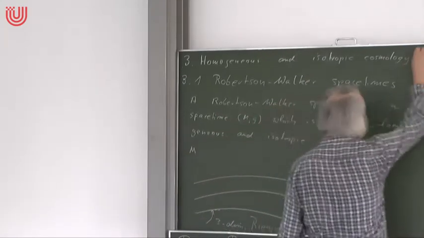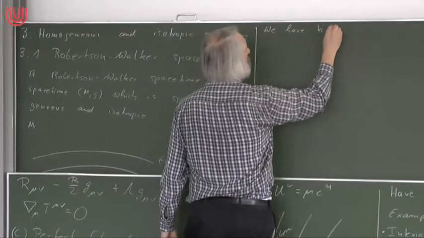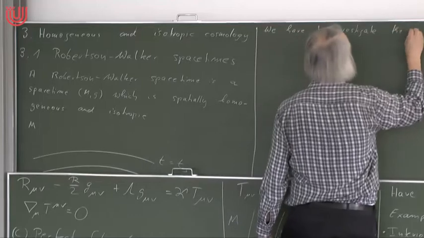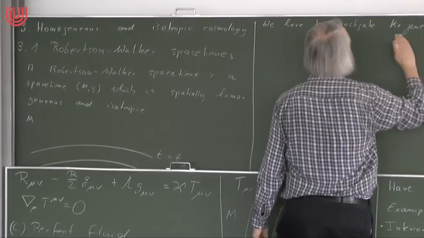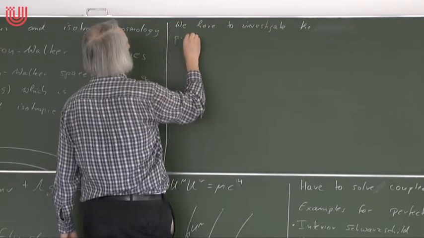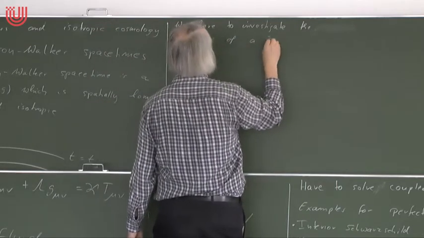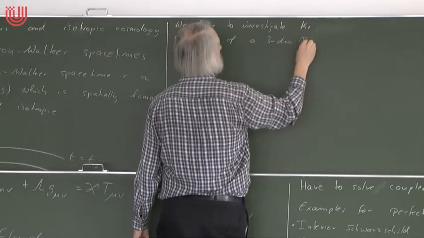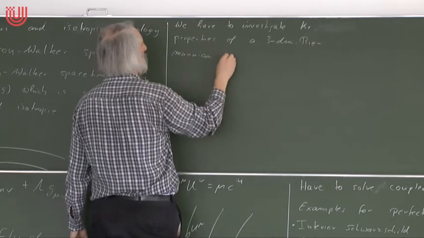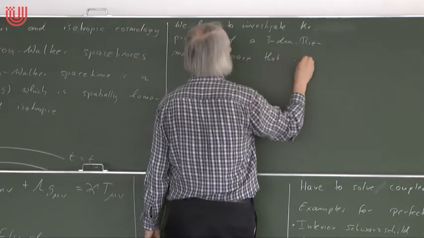So we have to investigate the general structure, or the properties, of a three-dimensional Riemannian, means positive definite, space that is homogeneous and isotropic.